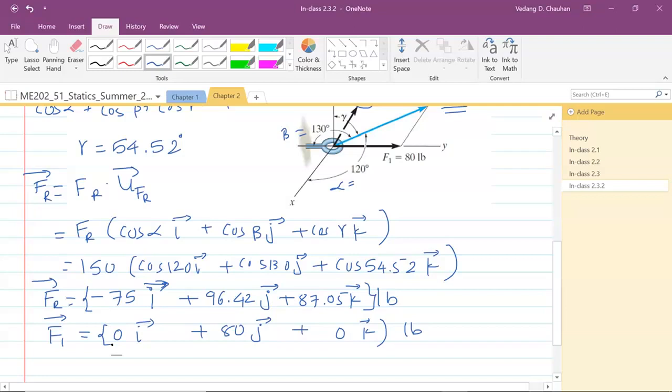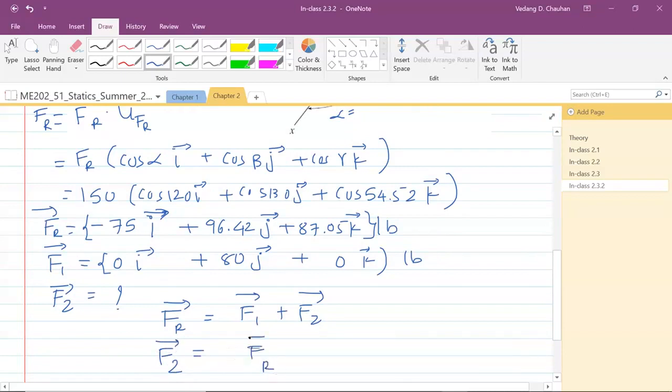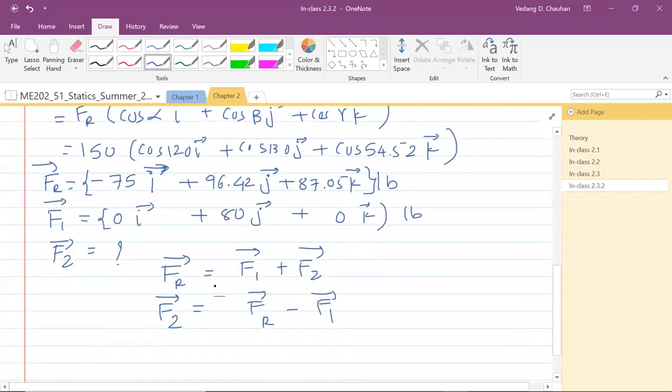And the third force, the missing force F2, we can simply calculate by combining F1 and Fr. So Fr is the combination of F1 plus F2. So F2 is Fr minus F1. So what we will do is change the sign to minus 80, and then subtract its component from Fr.